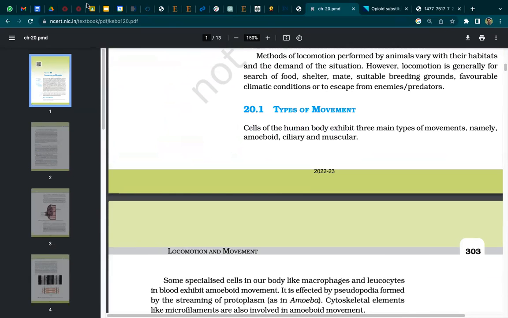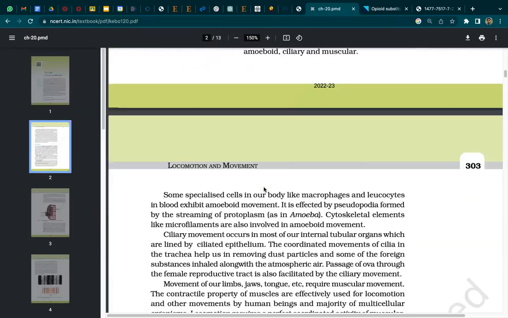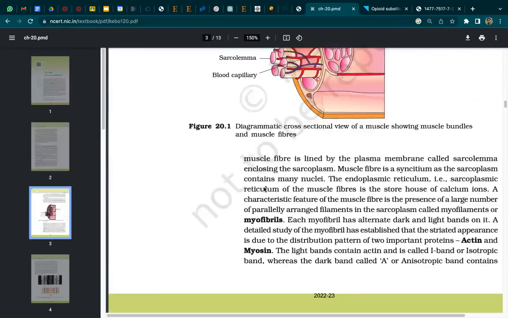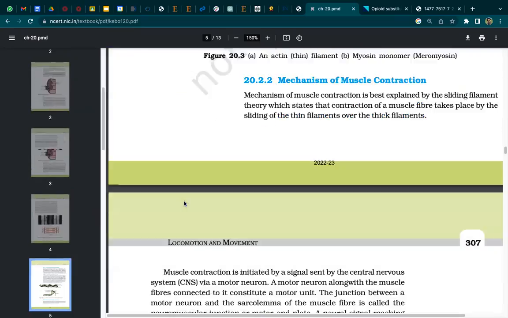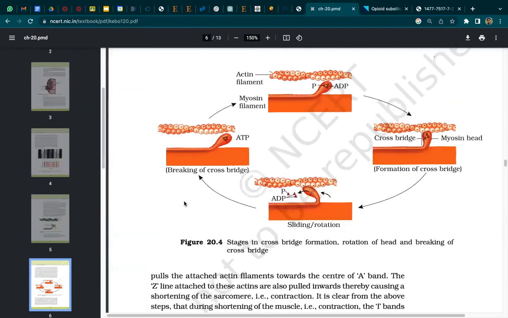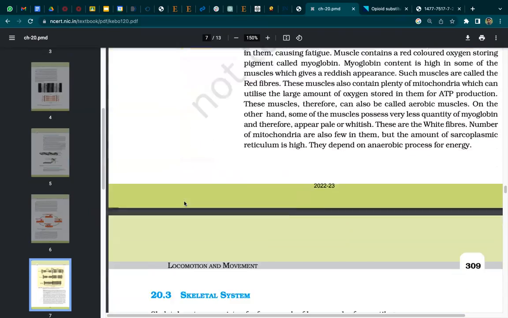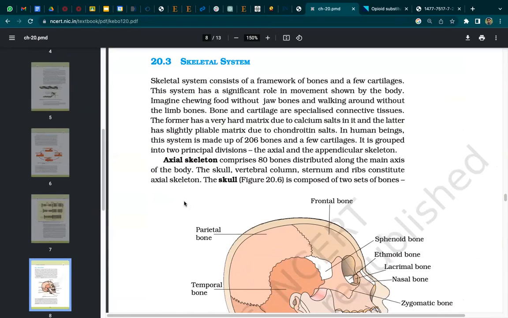Let's go quickly, we've covered all this, to the skeletal system. Now just pay attention, and I hope you can see my cursor, right? Can you see my cursor? Okay, cool.